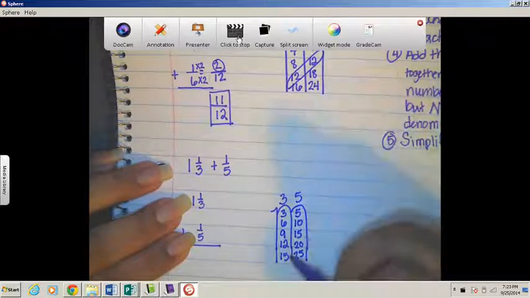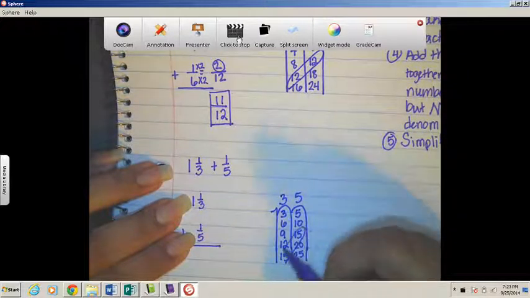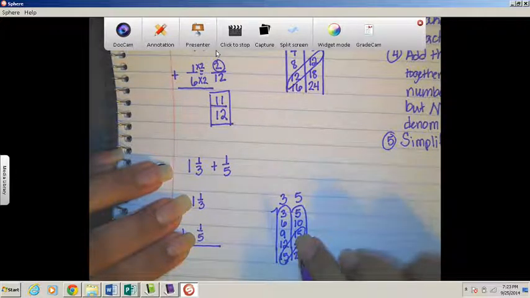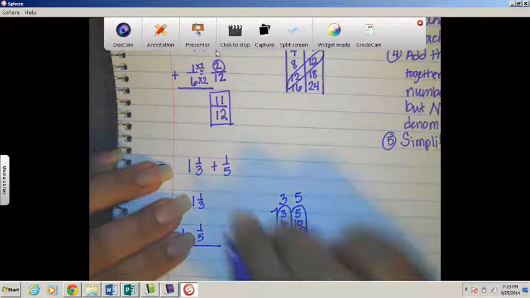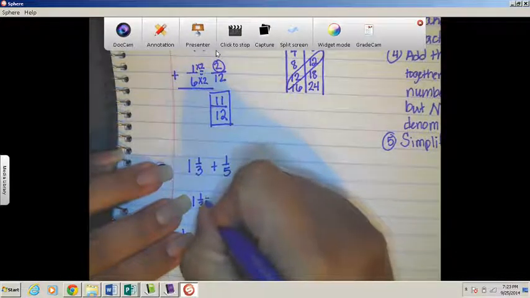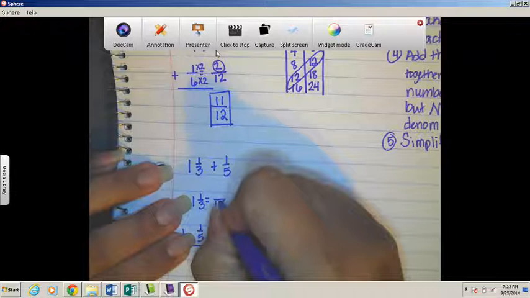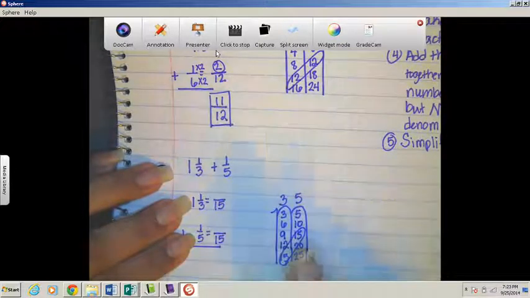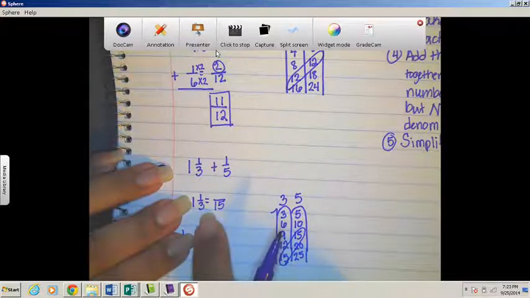I notice that 15 is the smallest number that is the same. So this is my common denominator. Found my LCM. Now I'm going to make equivalent fractions.